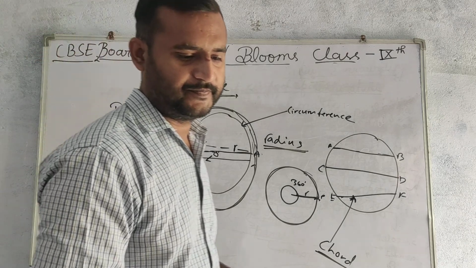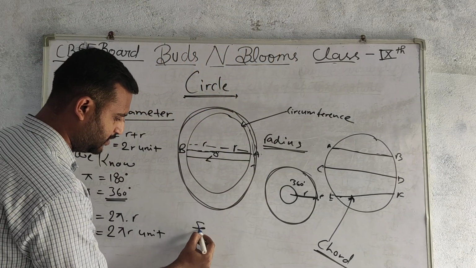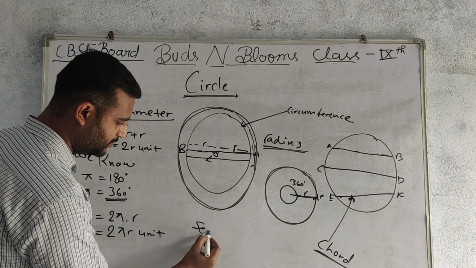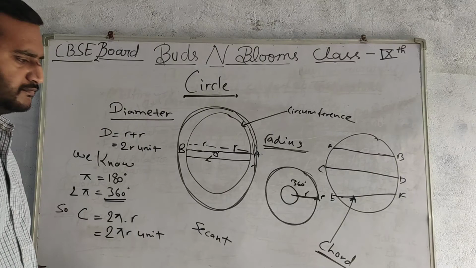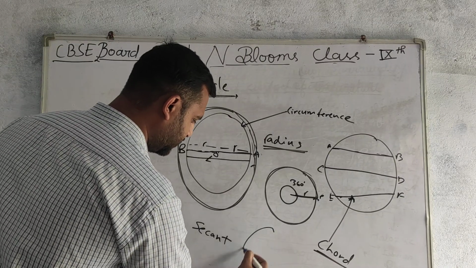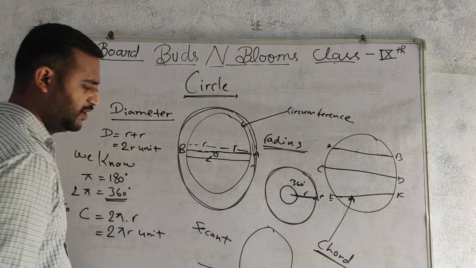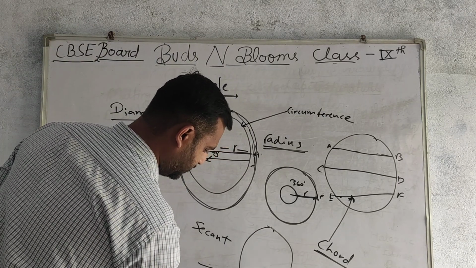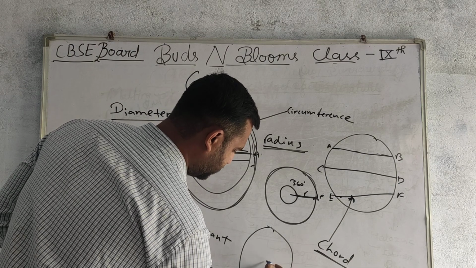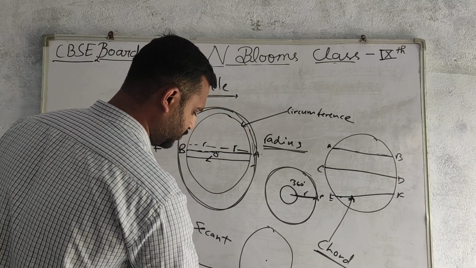So we have the chord, and we have a word secant. Secant is that line which intersects a circle on 2 points.